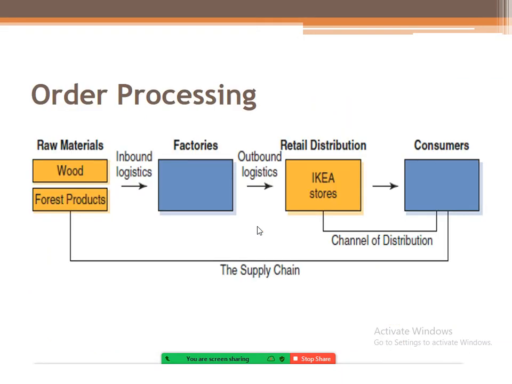So this is the simple order processing diagram: supply chain, value chain, and logistics. Activities relating to order processing provide information inputs that are critical in fulfilling a customer's order. Order processing includes order entry, in which the order is actually entered into the company's information system; order handling, which involves locating, assembling, and moving products into distribution; and order delivery, the process by which the products are made available to the customers.